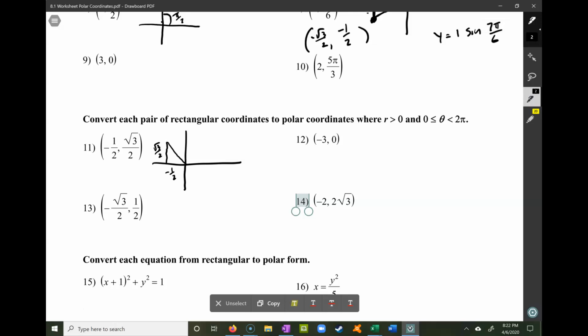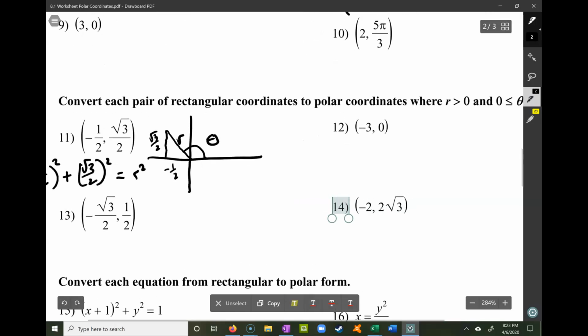Okay, and what we're looking for is this value right here. That's my r, and that is my theta. That's the conversion that we want to do. Okay, so the r, that's pretty easy. I can just do 1/2 squared plus rad 3 over 2 squared, and that will be equal to r squared. So that's not bad. I can do that, right?